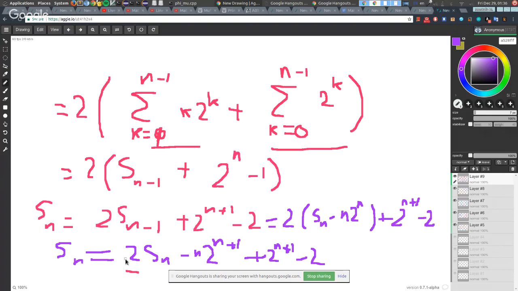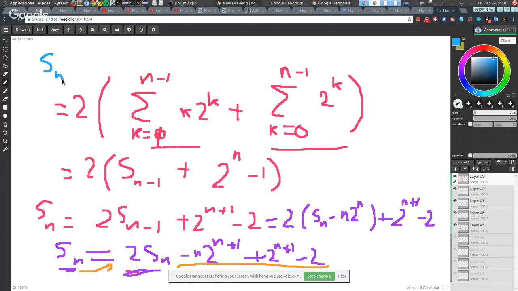Basically, this is Sn. So we find here that there's Sn. So I'll just take this part to here with subtraction, and all this term here I'll take to the other side. So I'll end up having this.